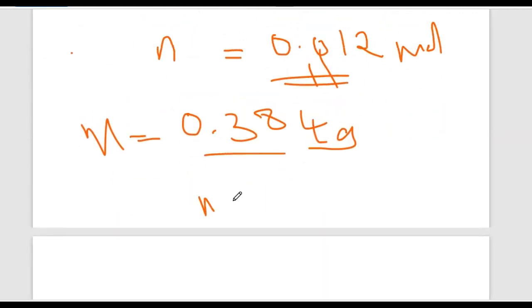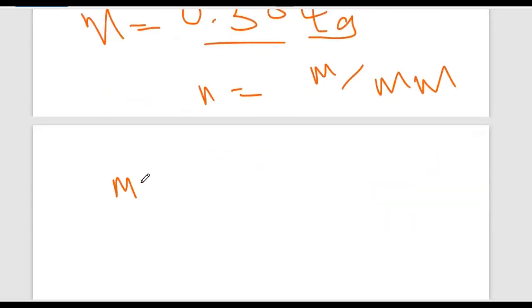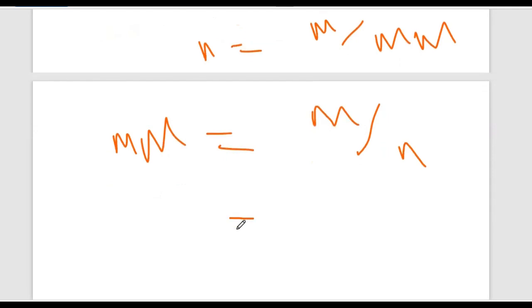So how do I find my molar mass? Remember that moles is equal to mass over molar mass, meaning my molar mass will be equal to the mass over the number of moles. What is the mass? We said the mass is 0.384.